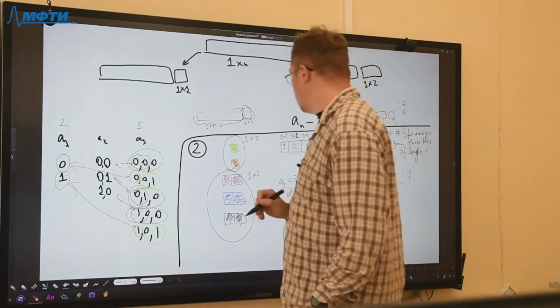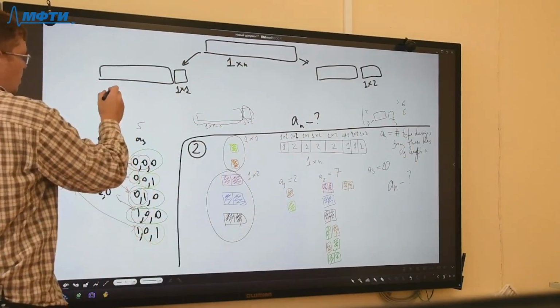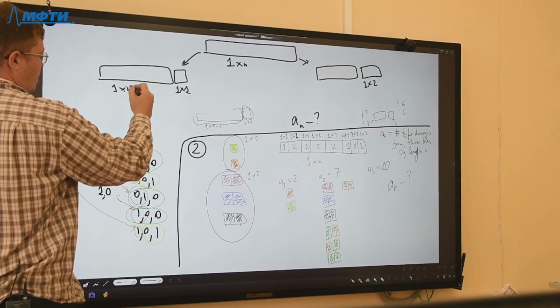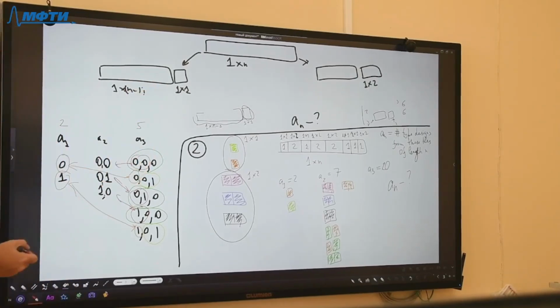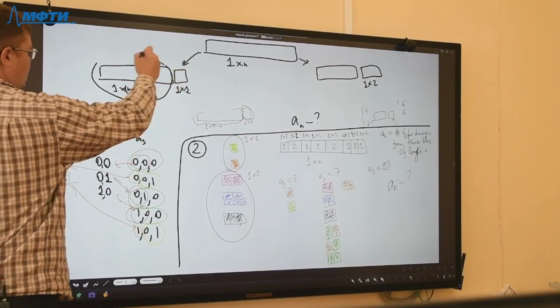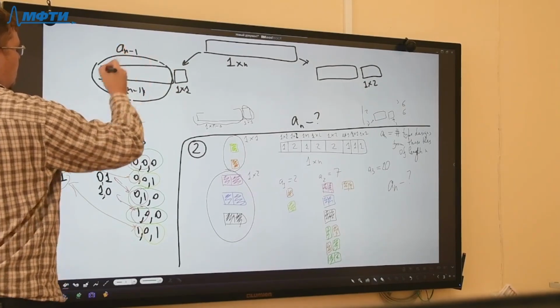And so the previous elements form the pattern for n minus 1. So the number of these is a_{n-1}.